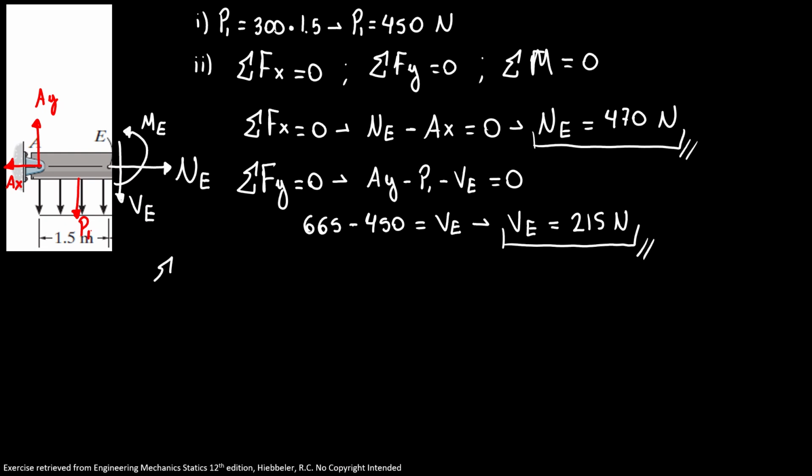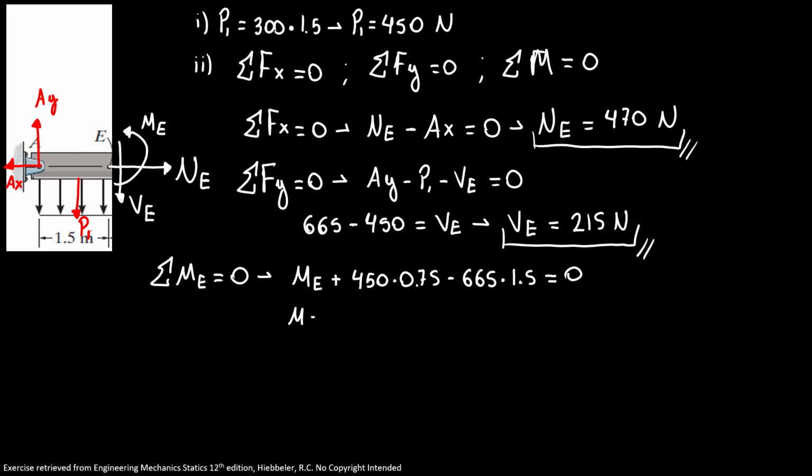Now we discovered the normal force and shear force. Now the sum of moments about E is equal to 0. Here we have ME going counterclockwise, plus 450 times 0.75, that's half of our 1.5, minus 665 times 1.5 is equal to 0.